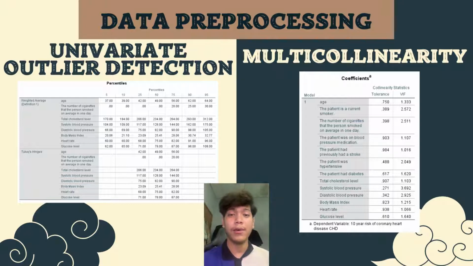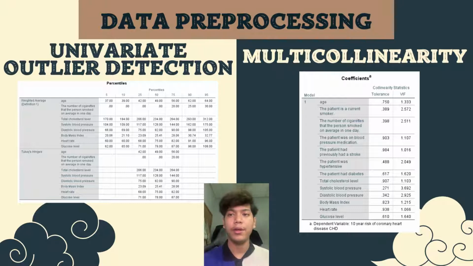For handling these outliers, we decide to remove the observations since our data have a large number of observations, a total of over 4,000. That's why we remove the outliers and drop the observations.